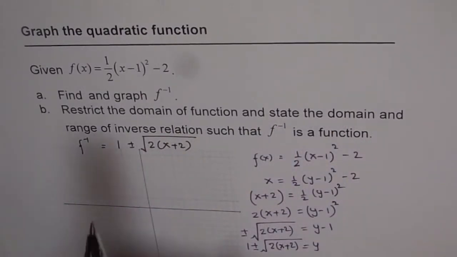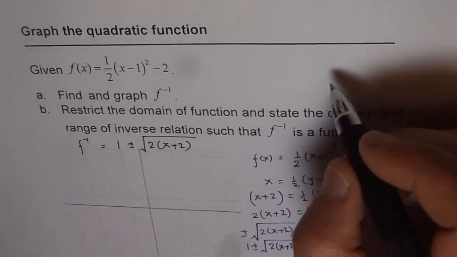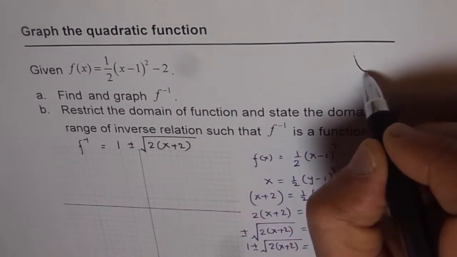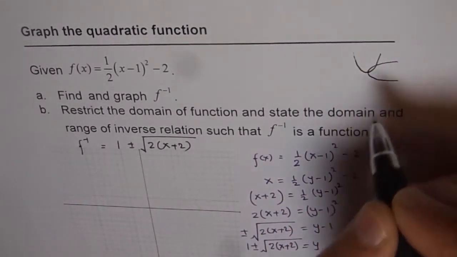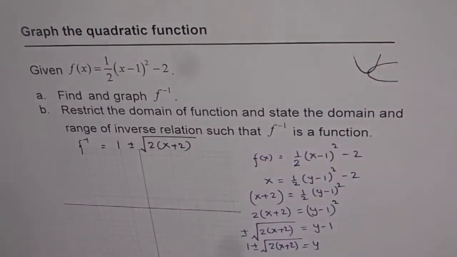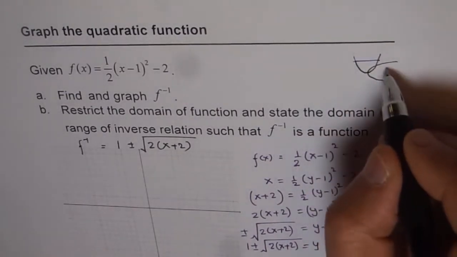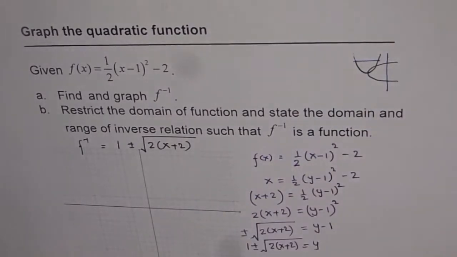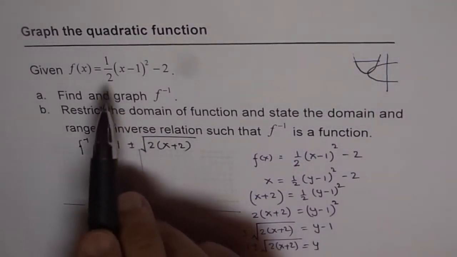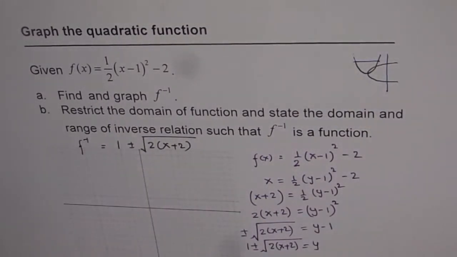Now, as you know, the inverse of a quadratic function will never be a function. So if a quadratic function looks like this, then the inverse looks like this. The quadratic function fails the horizontal line test and therefore the inverse fails the vertical line test, correct? But you can restrict the quadratic function so that its inverse can be a function.